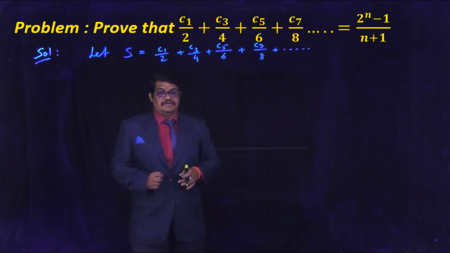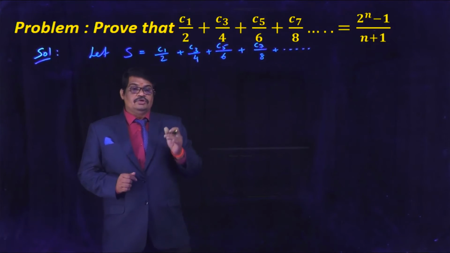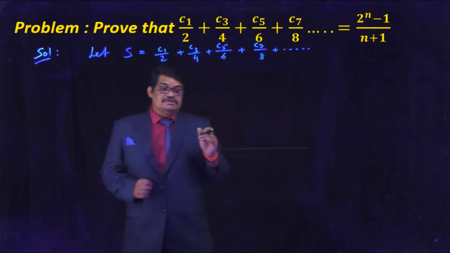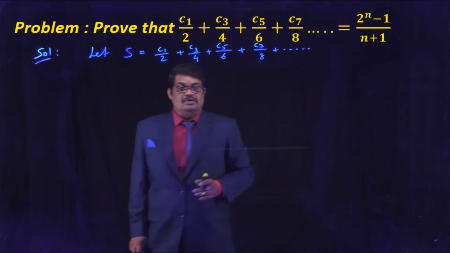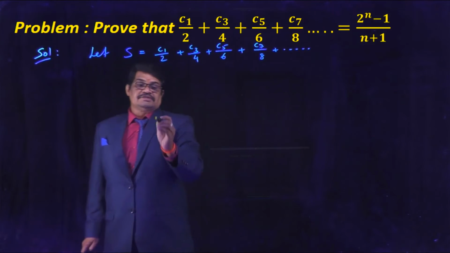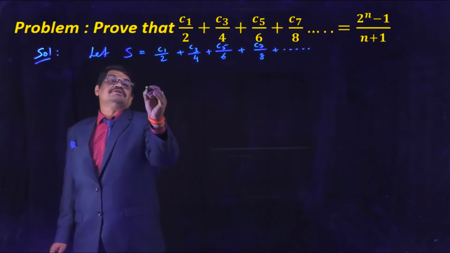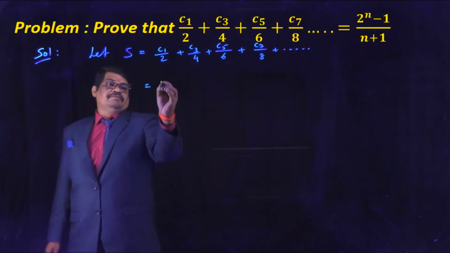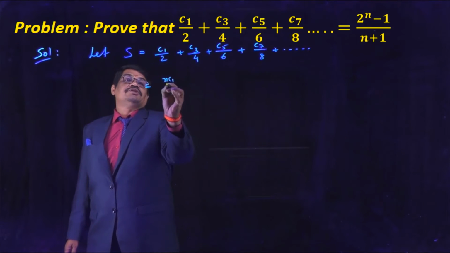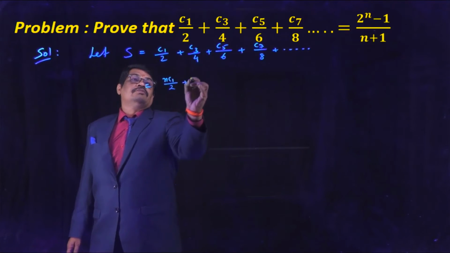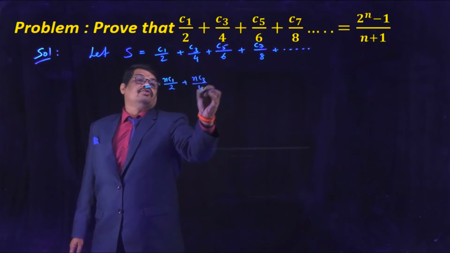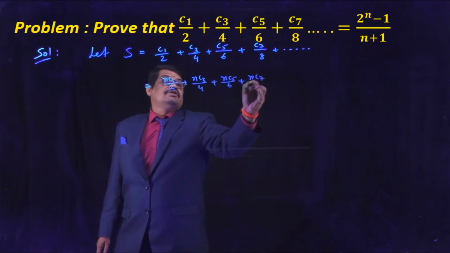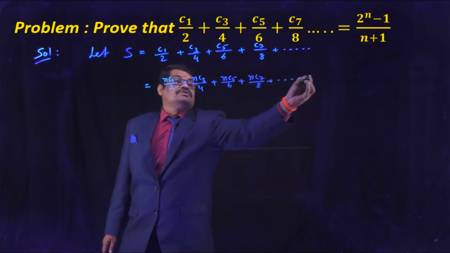Now we have taken that as S. Now we write this. C1 is nothing but nC1. So we write the notation nC1 by 2 plus nC3 by 4 plus nC5 by 6 plus nC7 by 8 and so on.